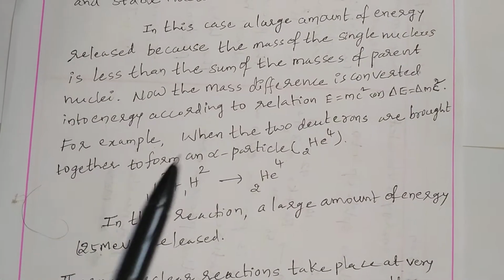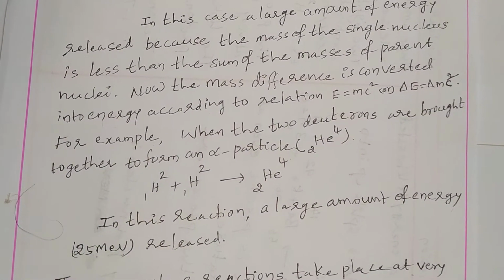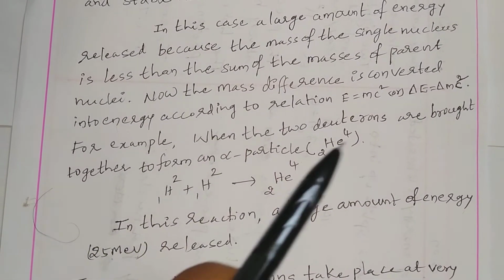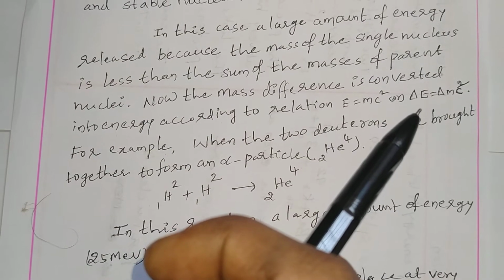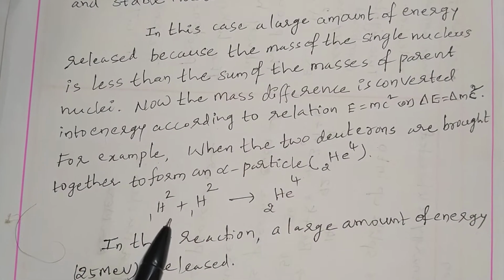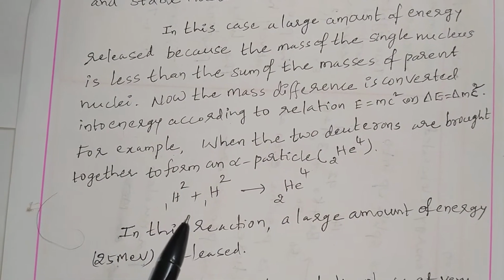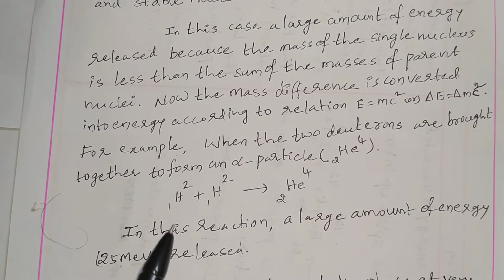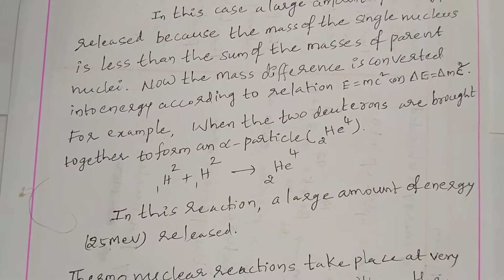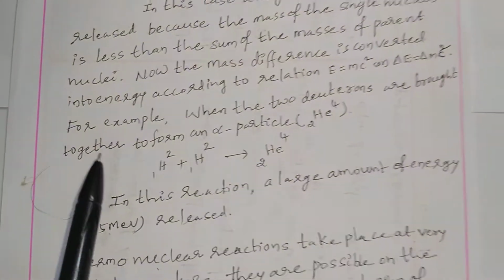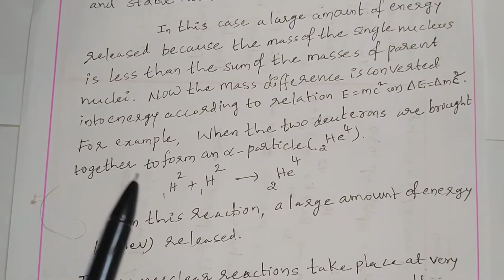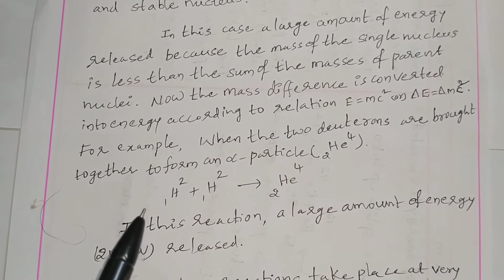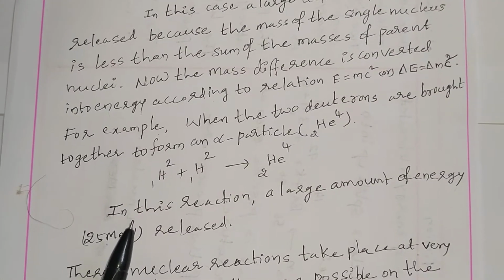So when the nuclear fusion reaction takes place, these two deuterons come close, to the order of 10 power minus 12 meter, at a very high temperature, and they overcome the electrostatic repulsion and combine to form an alpha particle. So the problem is to overcome this situation at very high temperature, so that they come close together to the order of 10 power minus 12 meters.